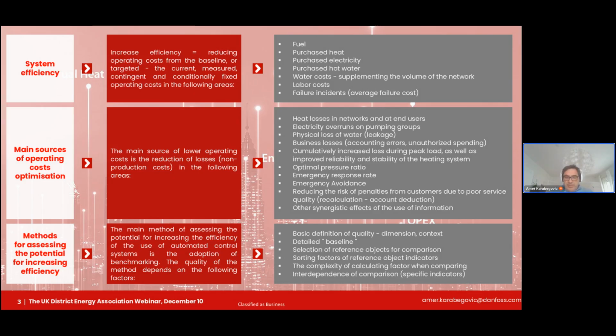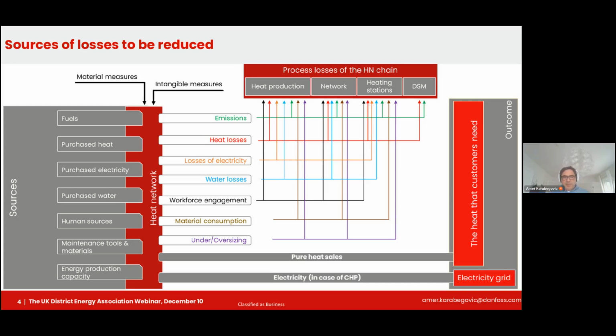So how to increase efficiency? What are the main sources of operating cost optimization? How to define potentials for increasing efficiency? Here you can see I tried to put everything related to all these 3 topics, but maybe it's better to go to the next slide, where there is a clearer picture about system efficiency.